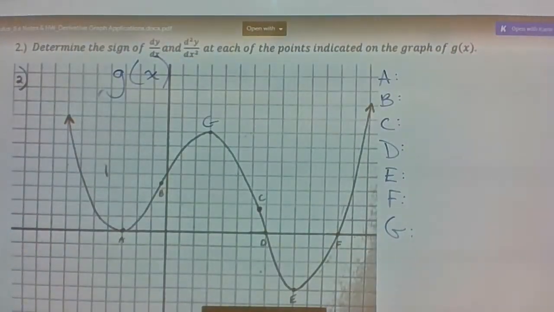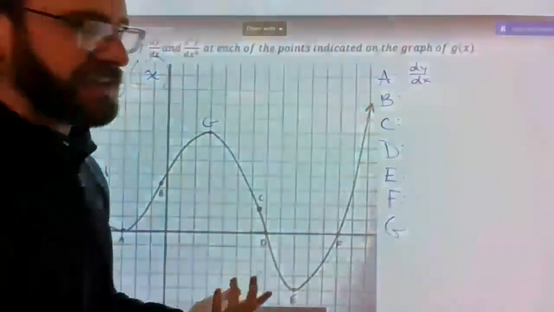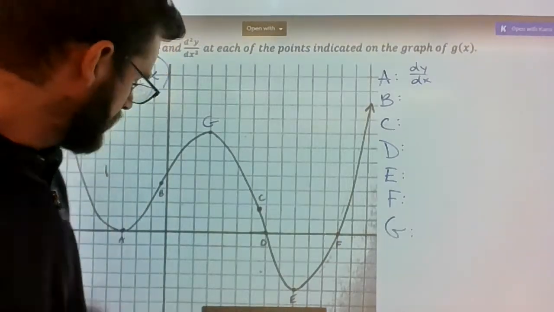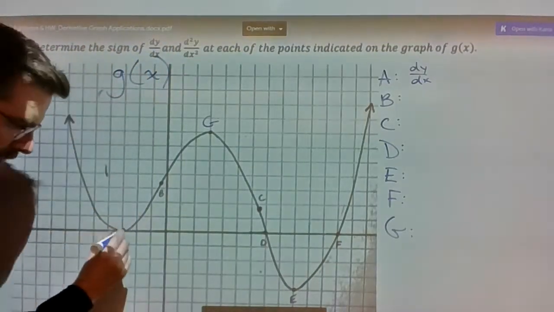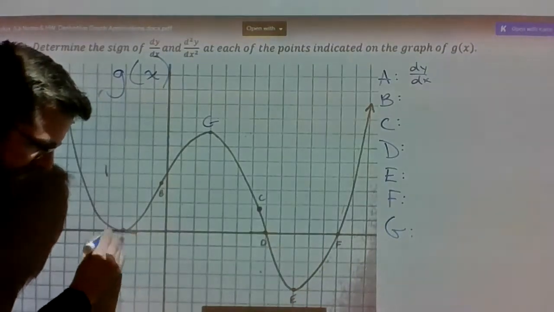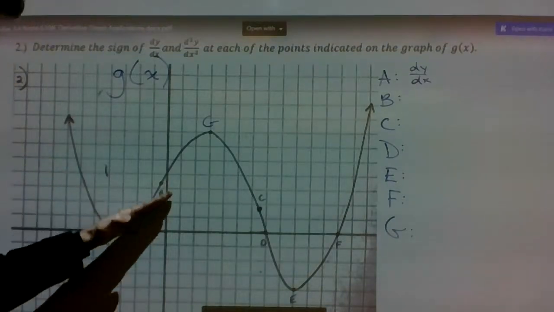All right, what we're doing here is determining, is our derivative positive, negative, or 0 at that point? So take a look at A. A, if this is the original, then this right here would be the slope of the tangent line at A. It goes from decreasing function to increasing function.